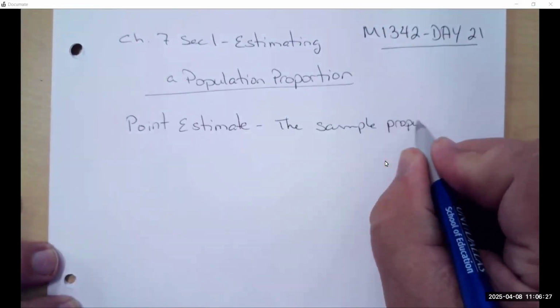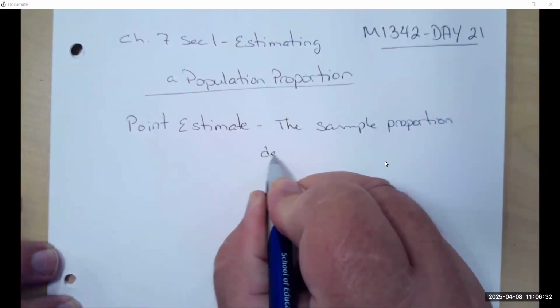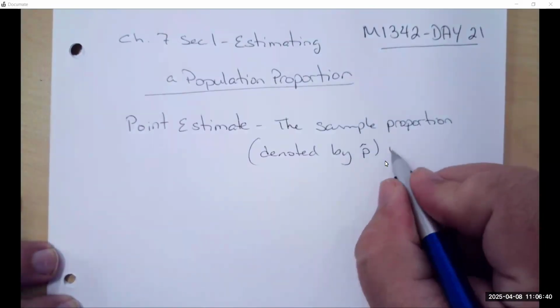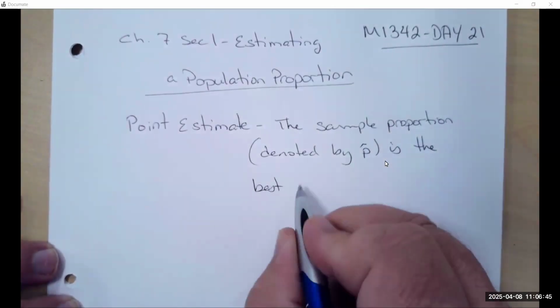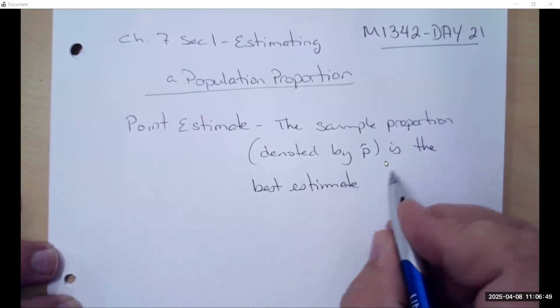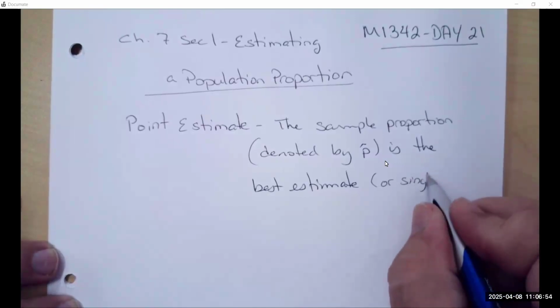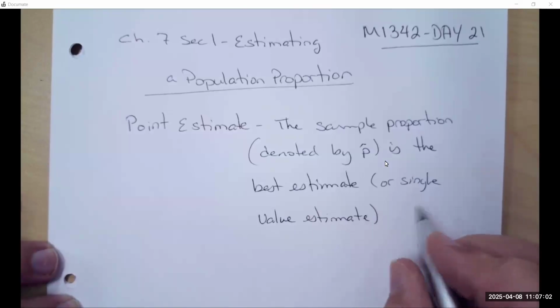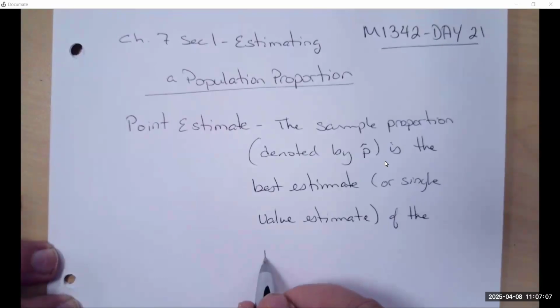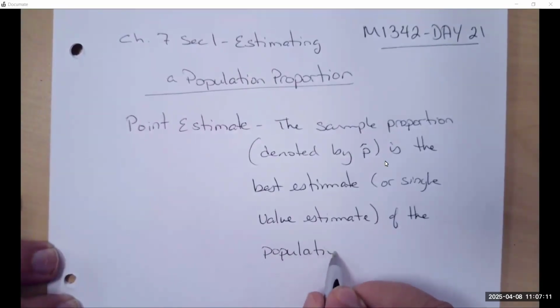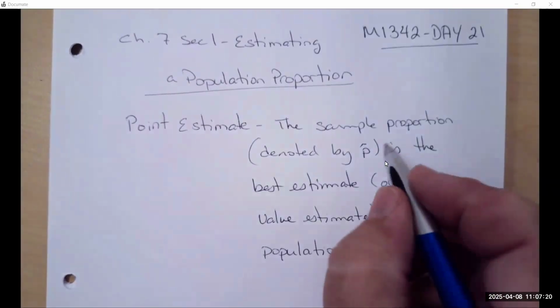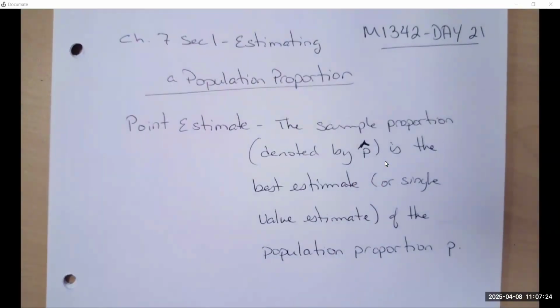The sample proportion, denoted by P hat, is the best estimate, or single value estimate, of the population proportion P. So P hat is the sample proportion, and P represents the population proportion.